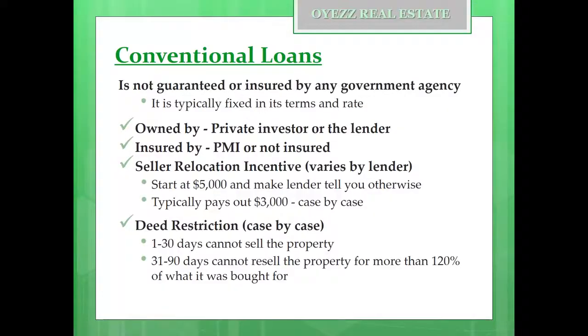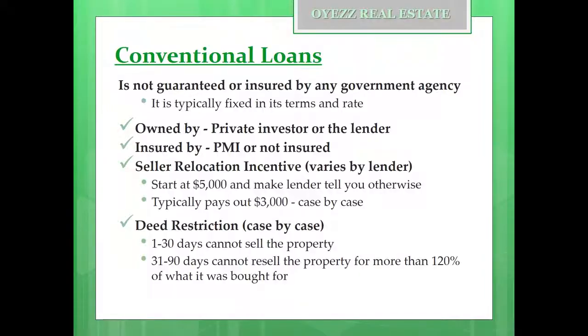So in this instance for conventional loans, they usually have a 1 to 30-day deed restriction, meaning you cannot convey the property for the first 30 days. Now, if you want to sell it for 120% of what you bought it for, then you cannot sell it for 90 days. So conventional loans, these are the deed restrictions.